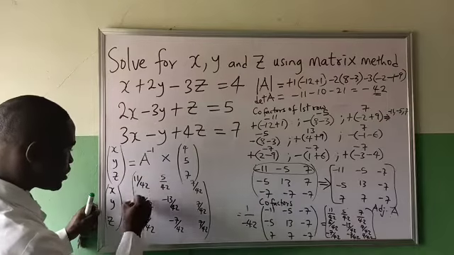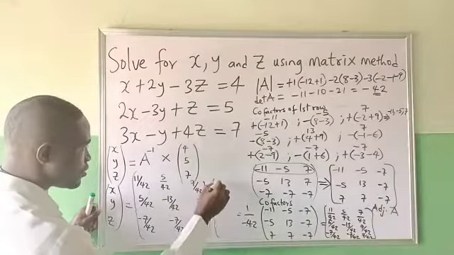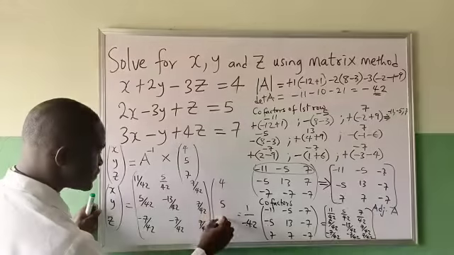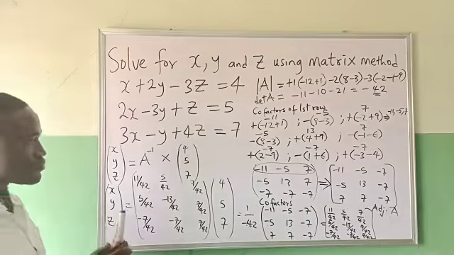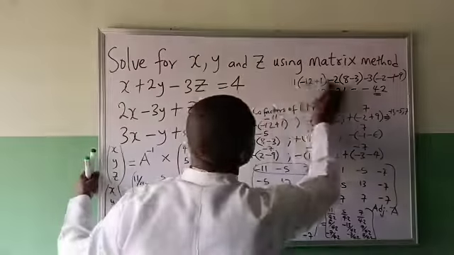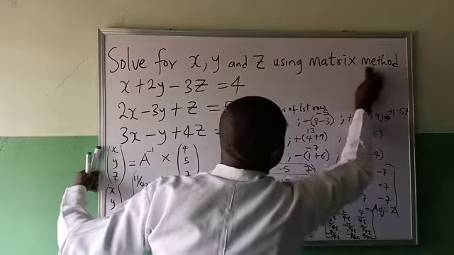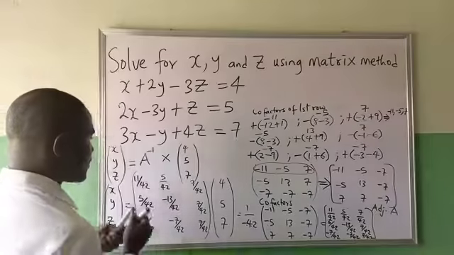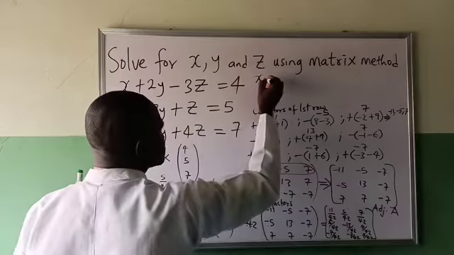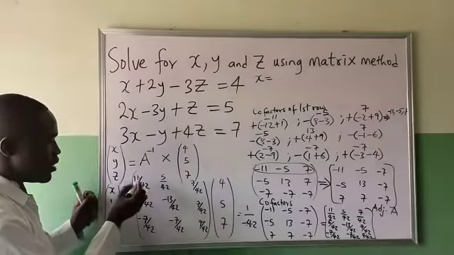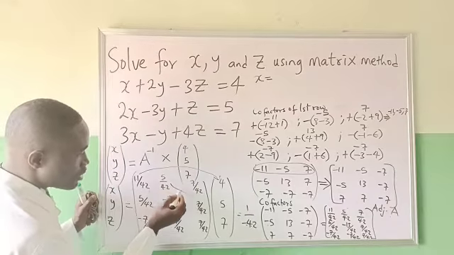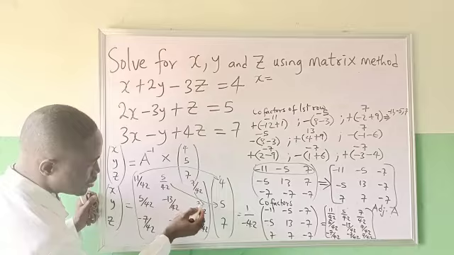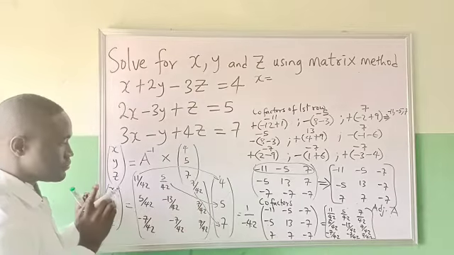Then it will be multiplying 4, 5, 7. Let's see how the multiplication goes. That means to get our x, you say x equals to this will multiply the first, this will multiply this, and this will multiply this accordingly.